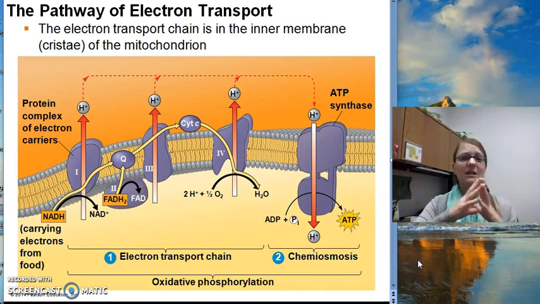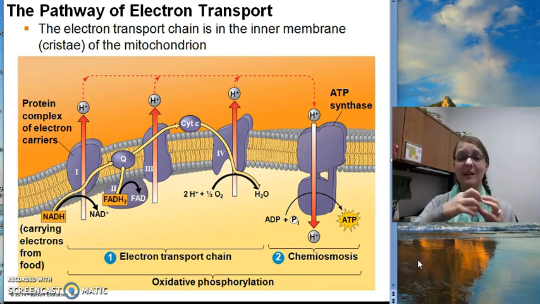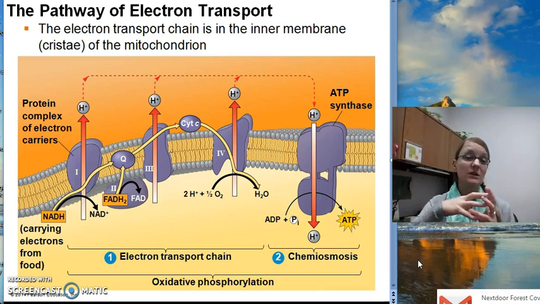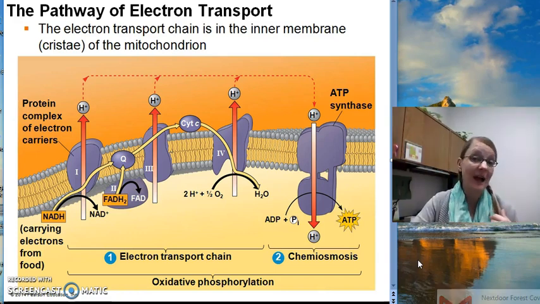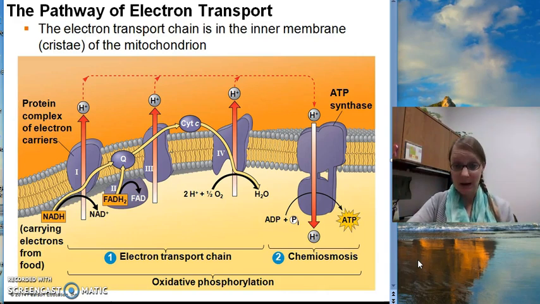Remember, we had mentioned that inner membrane, it's a good thing that it has all those cristae, or all those folds, because embedded in that membrane are all those proteins that play a role in making ATP for the cell. So the more of that membrane you have, the more ATP you can produce as a cell, the more energy you'll have to power whatever cellular work you need to power.